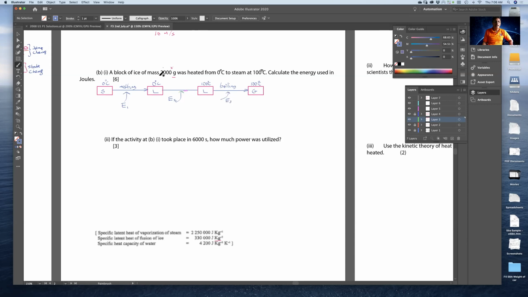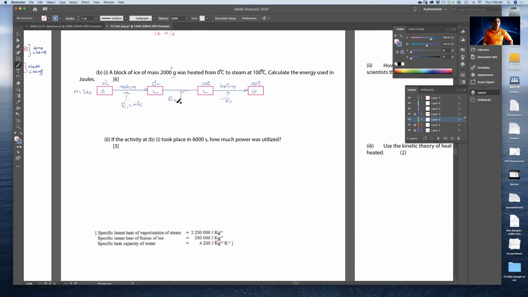Now the mass we had was 2,000 grams. So the mass of this ice is 2 kilograms. Let's convert it one time, 2 kilograms. Now, what is the equation for the melting? We ought to know that the equation for this melting is MLF, because melting uses the latent heat of fusion.